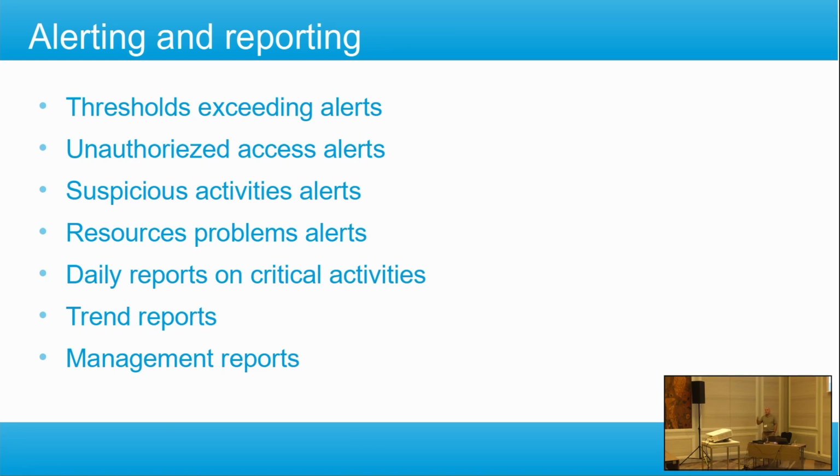So if some event occurs, for example, unauthorized access, it automatically generates an alert, which can be delivered to your mobile phone, and you can take some actions there. Or an automatic script can block that user, or can block the system completely.